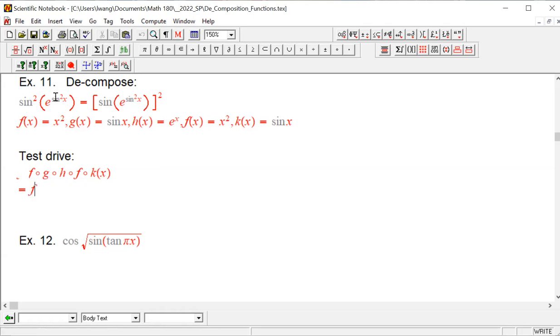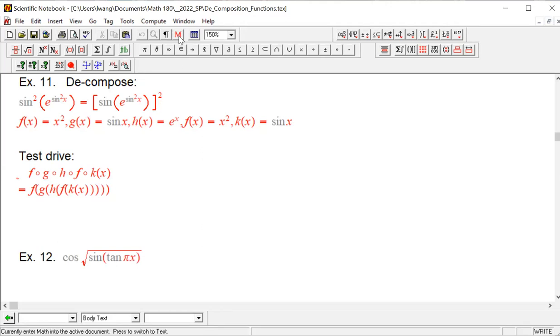So this is going to be f of g of h of f of k of x. Whoa. Look at that. We're going to do it from inside out.